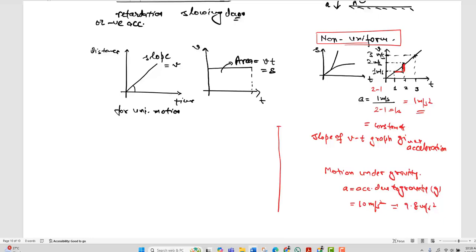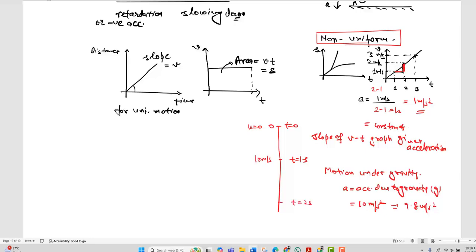So in every 1 second, suppose this is a very high building or cliff, and you have released a ball. The initial velocity from that point O would be 0, that is t equal to 0. At t equal to 1 second, what velocity are you expecting if we have an acceleration of 10 meter per second square? The velocity would be 10 meter per second, right?